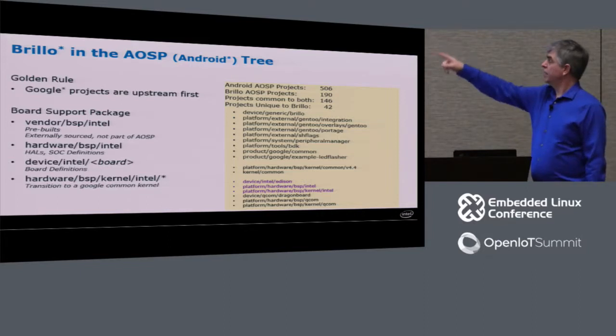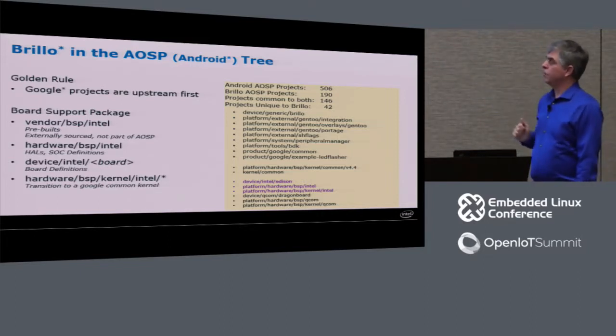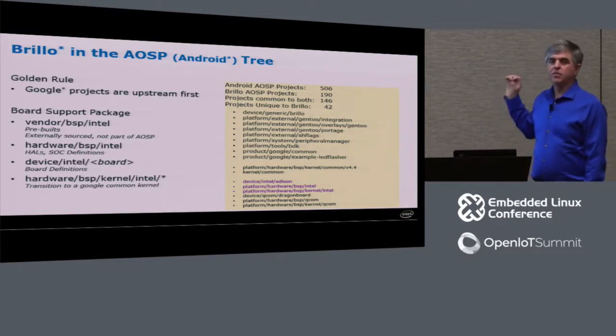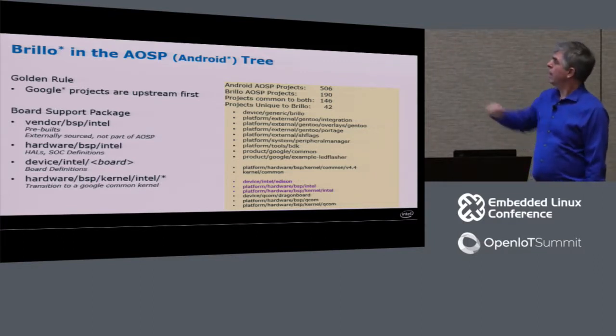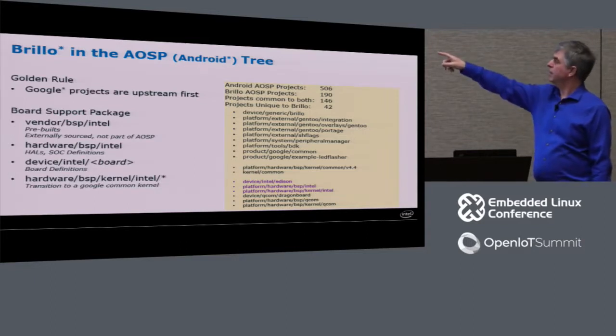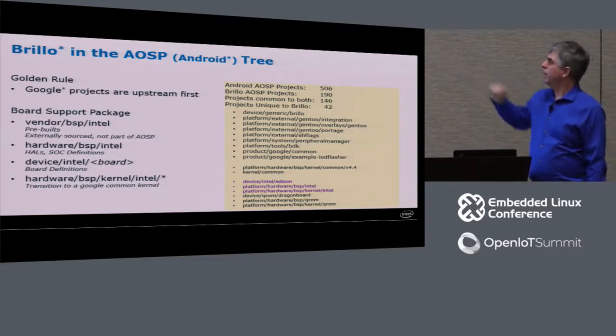So the rest of the projects, as you see in the top there, there's a generic Brillo project where Google throws different make files and some example code and a lot of the Brillo goodness there. The Gen 2 stuff, I don't think it's being used yet. It will be later, possibly. The peripheral manager is a new component, which we'll talk about in a little bit more detail, I think, in a couple of slides.